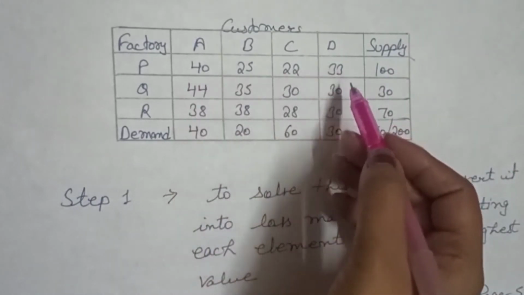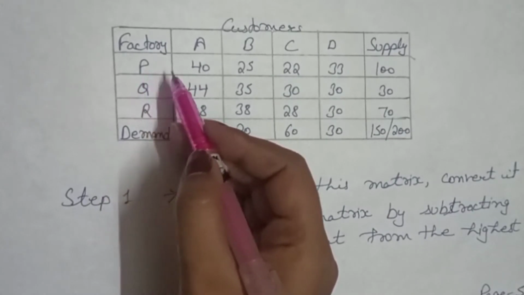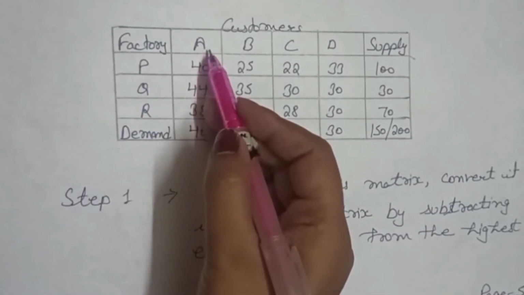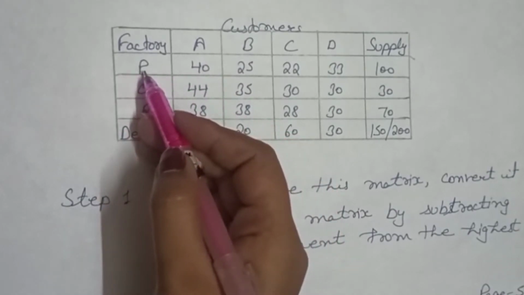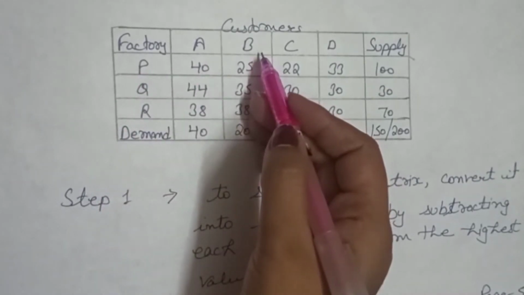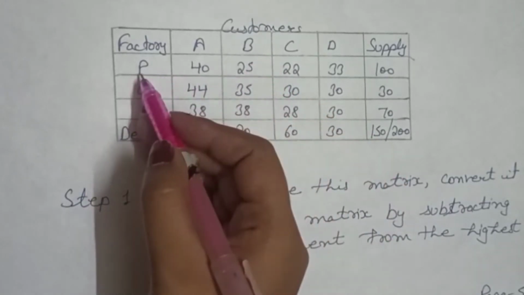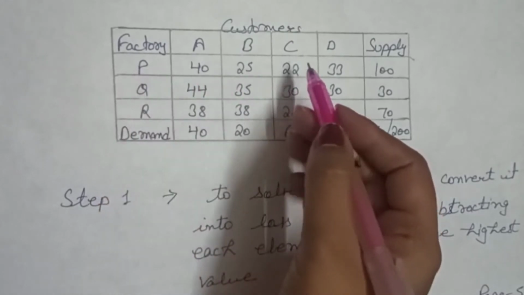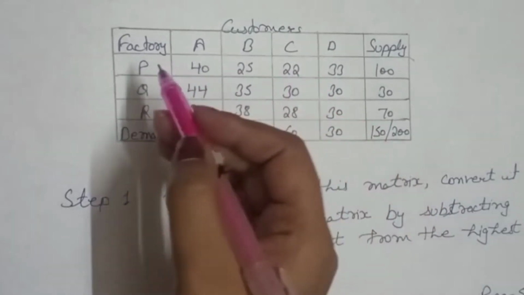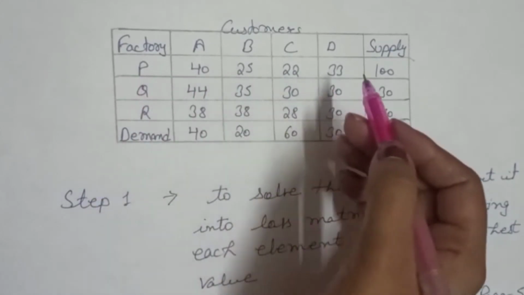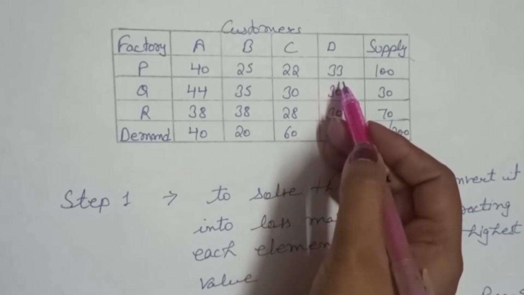And students, these are our profits. If factory P supplies products to customer A, then we have a profit of 40. Similarly, if factory P supplies products to customer B, then we have a profit of 25. If factory P supplies products to customer C, then we have a profit of 22 rupees. And if factory P supplies products to customer D, then we have a profit of 33 rupees.